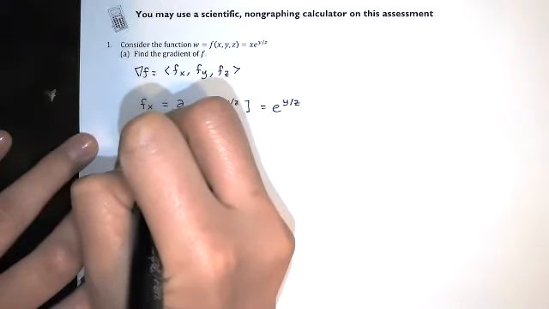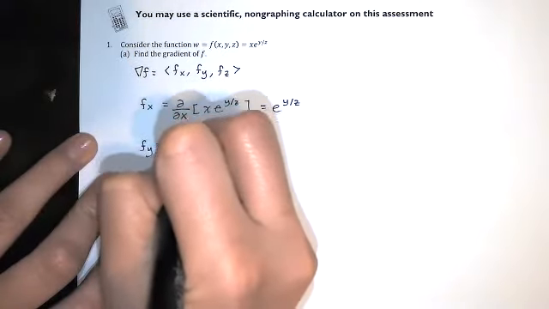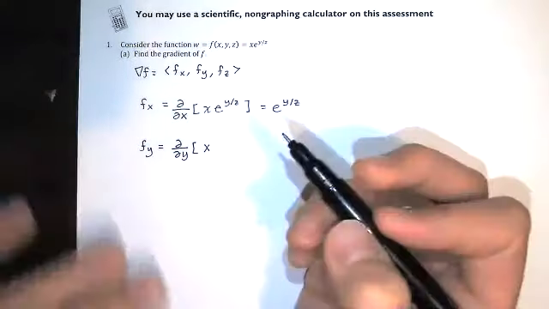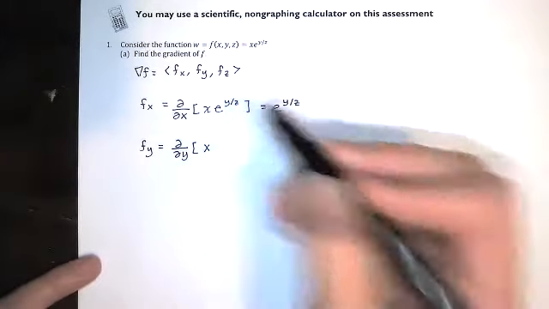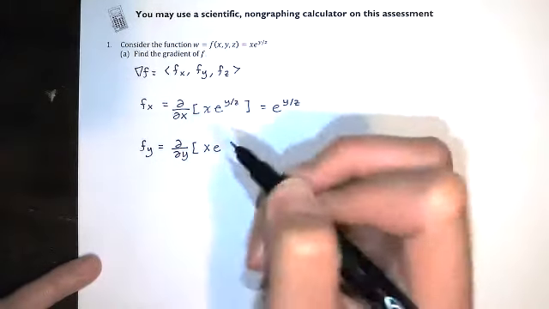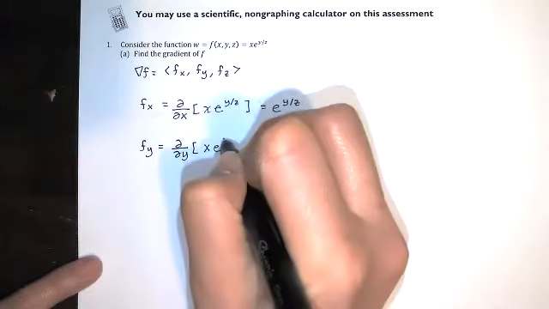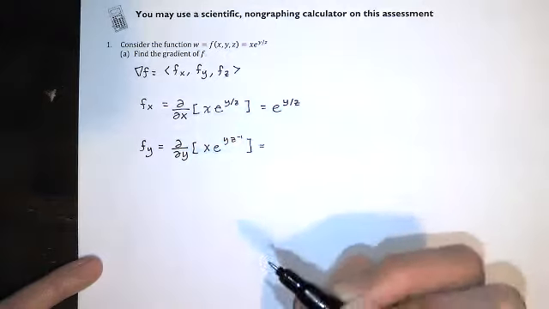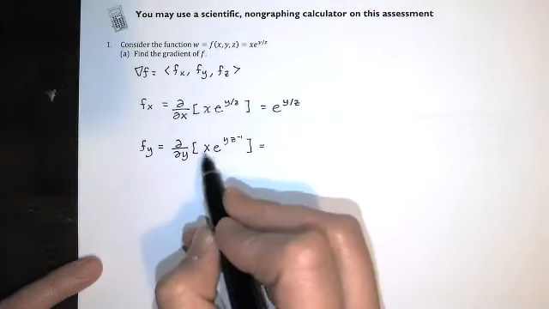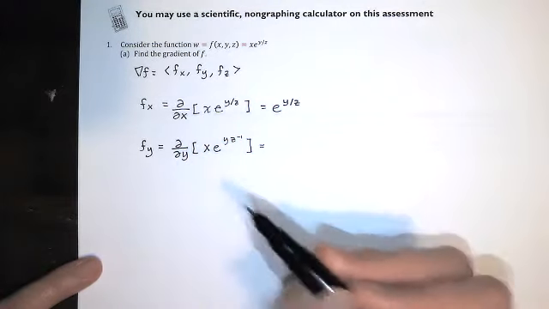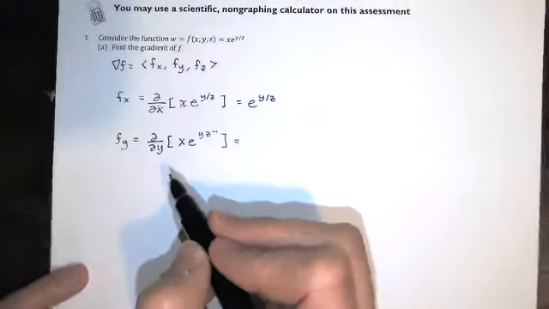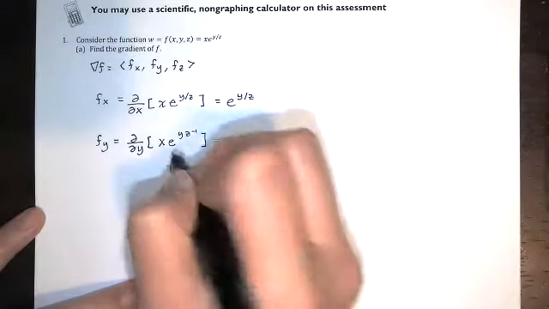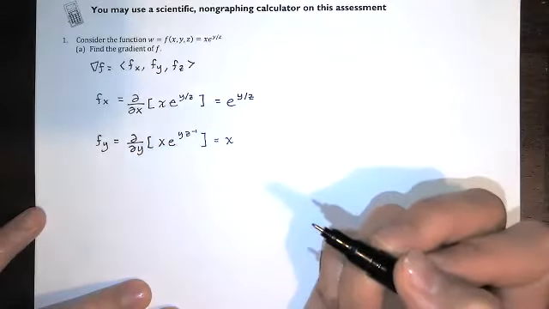Then over here, I'm going to do the same thing, but this time with respect to y. Now, since y is our variable, it makes more sense to rewrite that exponent just a little differently. I'm going to write that as y times z to the negative 1. Now, x is just constant with respect to y if we're taking a partial derivative. So the derivative of this constant times a function of y is that constant times the derivative of the function of y.